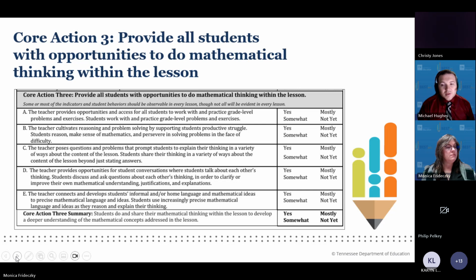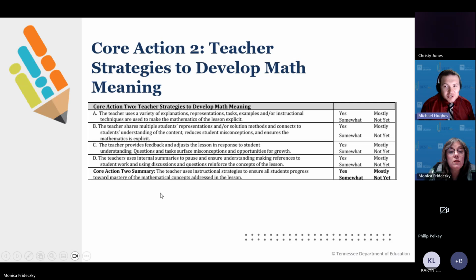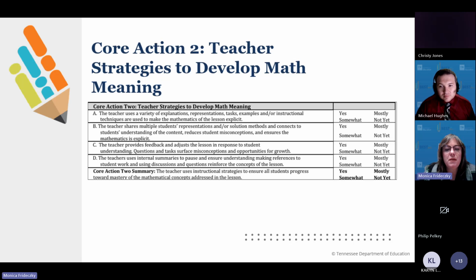We got a comment in the chat back to core action 2. It says the statement that pops out to me: teacher provides feedback and adjusts the lesson. This shows that the teacher is teaching for mastery instead of teaching to teach. Very good. Yes, I like that. And this is a perfect connection to what we were just saying.